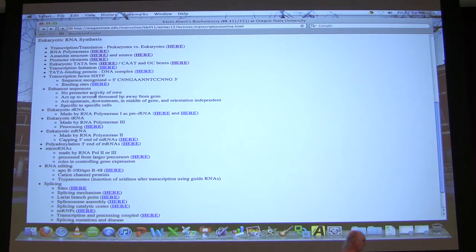Okay? Your book lists some examples of what they call prokaryotic enhancers, but really that's not a very accurate description. And you'll see why when I describe this in a second.